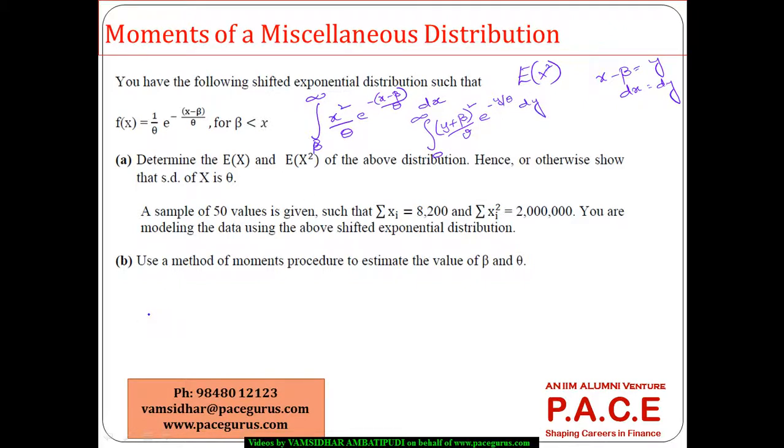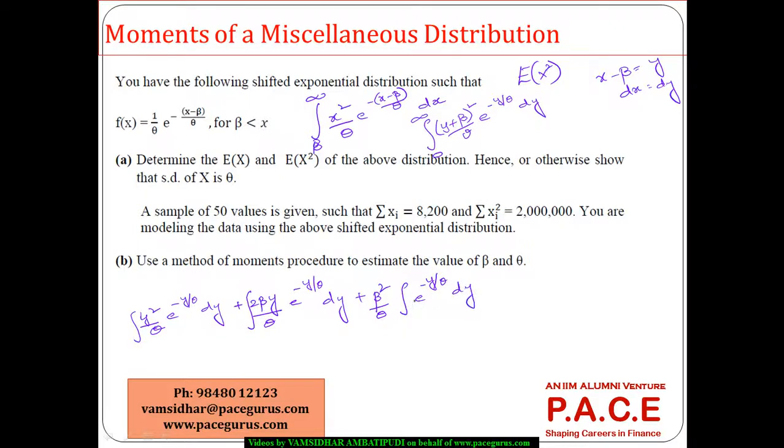Now even the same, I'll take it as y squared by theta. I'm splitting it up: the integral of y squared by theta e to the power of minus y by theta dy, plus the integral of 2 beta y by theta e to the power of minus y by theta dy, plus beta squared by theta times the integral of e to the power of minus y by theta dy.